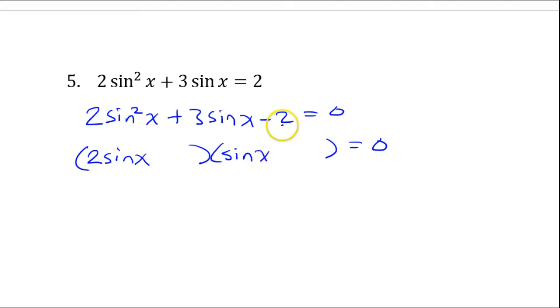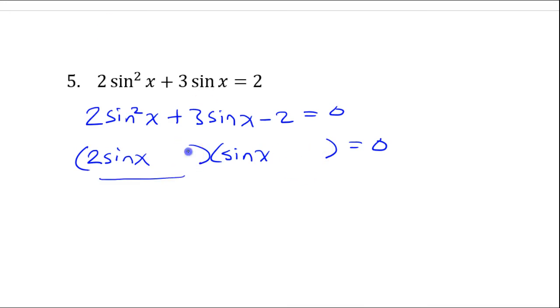Now 2 can only factor as 1 times 2, and it matters whether I put 1 and then 2 or 2 and then 1. I know not to do this one, so I won't waste time on it: if I put the 2 inside the first set of parentheses, that will cause a common factor. And if there's no common factor in the original problem, there should be no common factor inside the parentheses. So this will not be the way.